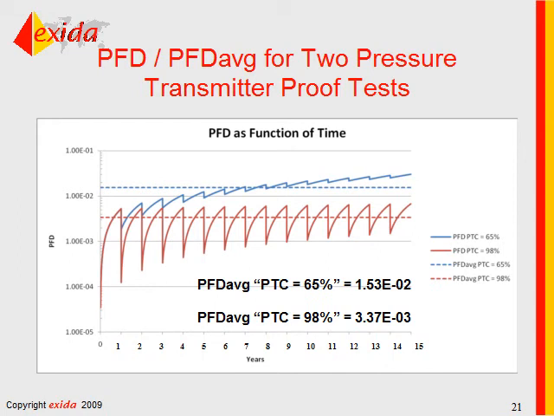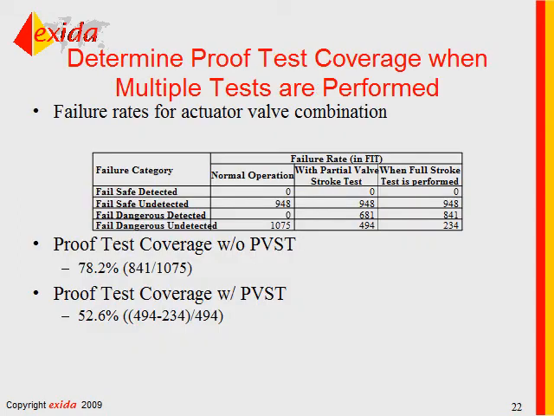So this is, again, PFD as a function of time, and then also PFD average for the two scenarios. So that is basically how average probability of failure on demand reacts to more extensive proof test coverage.